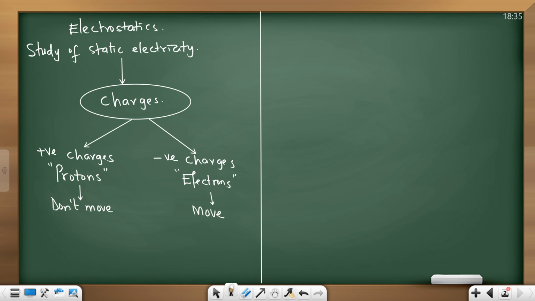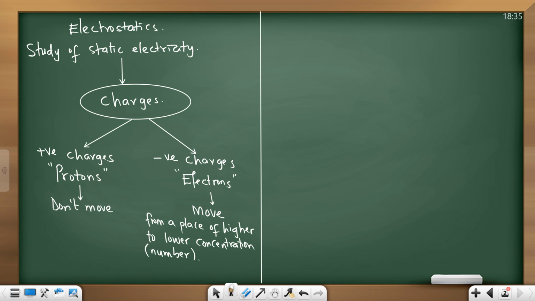Electrons move from a place of higher concentration to lower concentration. When I talk about concentration, we can also use the word number.